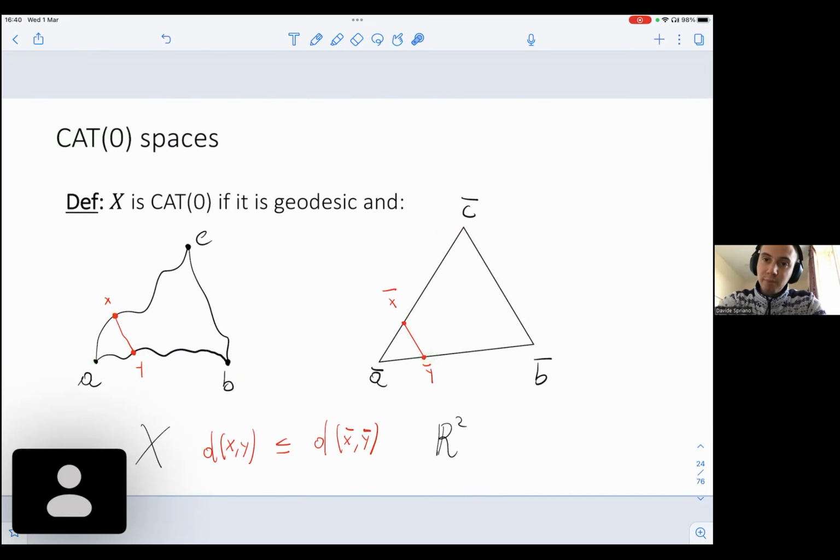Well, then you compute the distance between X and Y in the original space and between X bar and Y bar in R^2, and the Euclidean distance needs to be bigger than or equal to the one in the Cat0 space. So Cat0 spaces are spaces where triangles are at most as fat as the ones in Euclidean 2-space.